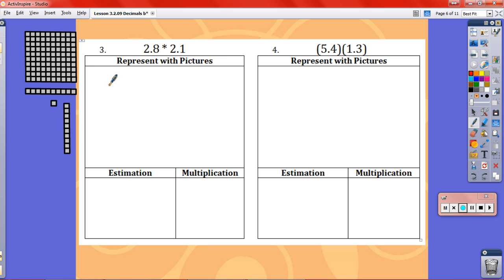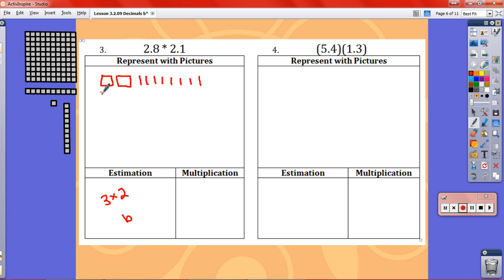You can continue doing the same thing, represent with pictures, estimate first. This is close to 3 times 2, so it's going to be, oops, got a little ahead of myself. So it's close to 6. It is 1, 2, and 8 tenths, 2, 3, 4, 5, 6, 7, 8 times.